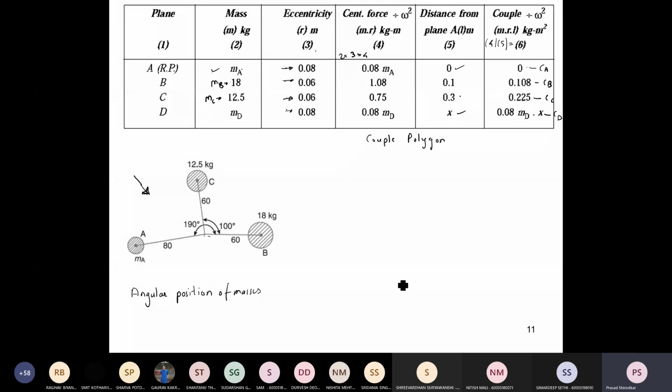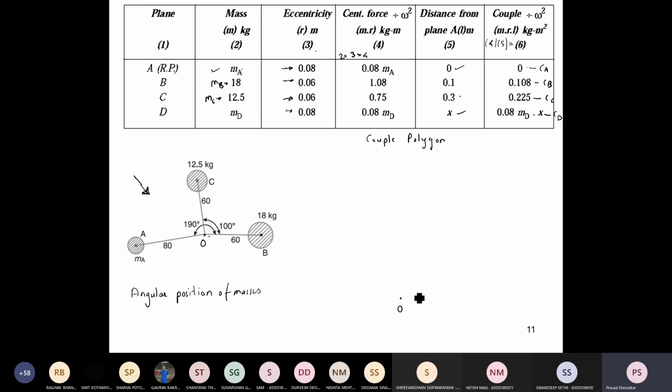So we are going to start with CB. Take one reference point and plot the couple CB. The direction of the vector of couple CB should be same as the direction of the mass with reference to O. So if I take O as a reference, OB is going radially outward on the right hand side.